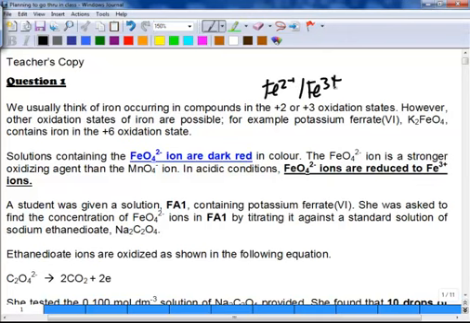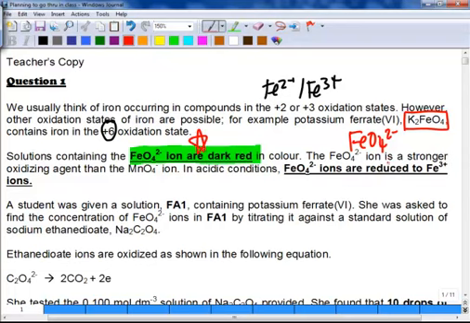But it's possible for iron to have Fe+6, the +6 oxidation state. And when it is +6, it is in this formula, FeO4 2-. And can you please highlight this part? For titration, we are always concerned about color change at endpoint. So this part, they tell you that it is dark red.